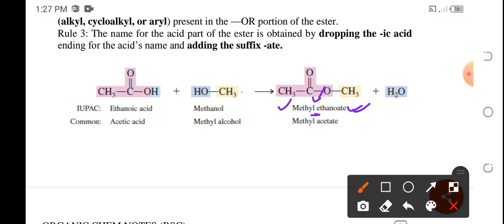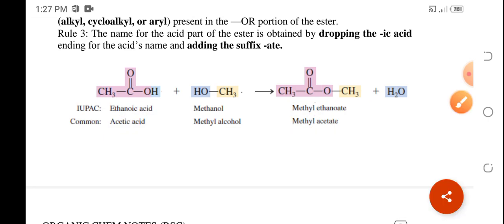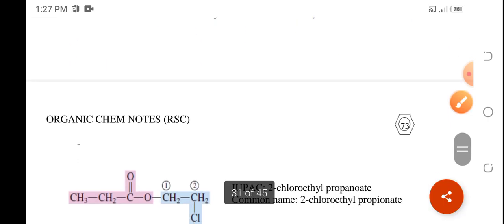For the common name, it will still be methyl because it's an alkyl, methyl acetate. We are not going to adopt ethanoate because ethanoic acid has a common name of acetic acid. Dropping the IC acid and adding ATE, acetic acid will then become acetate. So methyl ethanoate is the IUPAC name and the common name is methyl acetate.